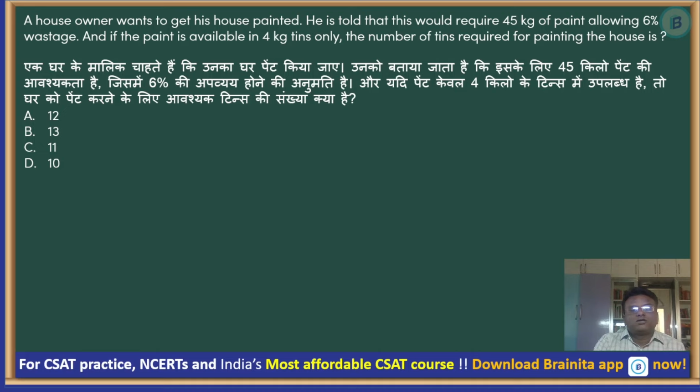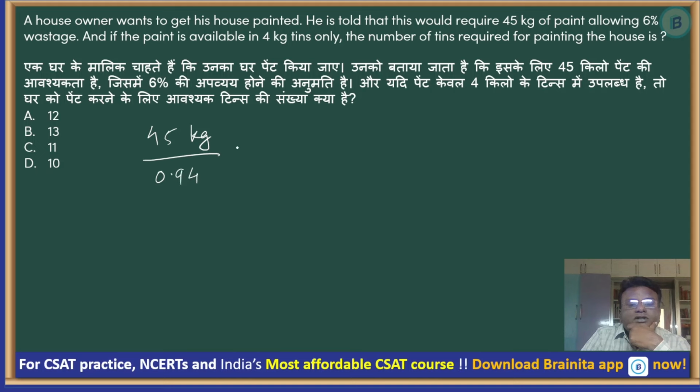A house owner wants to get his house painted. He's told that this would require 45 kg of paint, allowing 6% wastage. So he will need 45 kilos after wastage is gone. So the total amount of paint that would be needed, 6% wastage means 0.94.